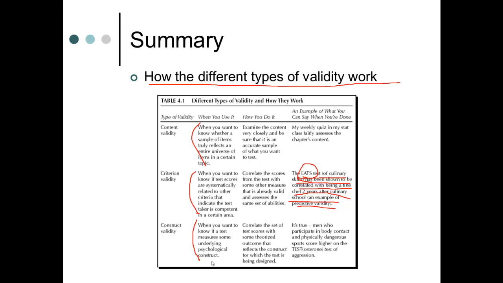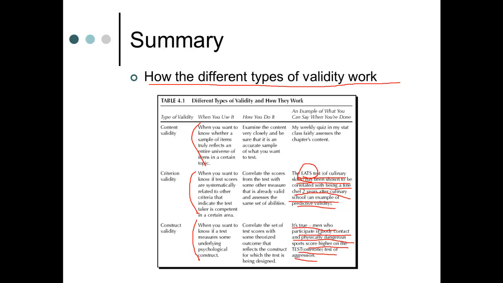And finally, construct. When you want to know if a test measures some kind of underlying psychological construct: it's true men who participate in body contact and physically dangerous sports score higher on the test of aggression. Okay, well, maybe it's due to higher levels of testosterone.